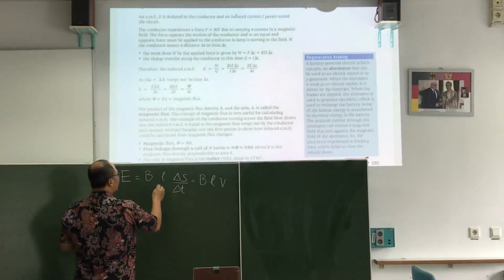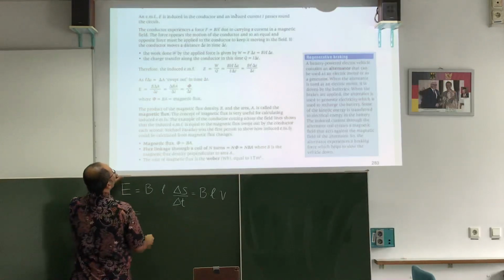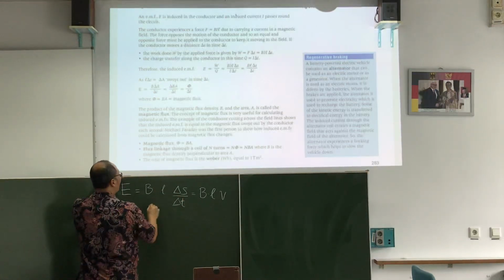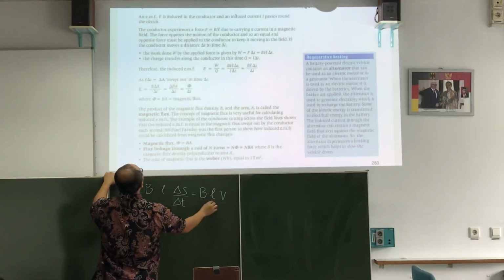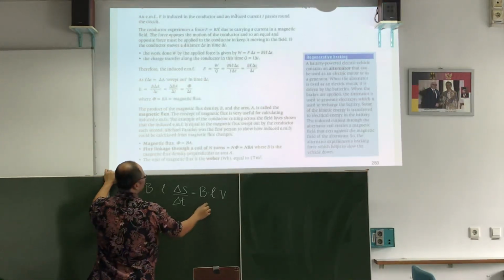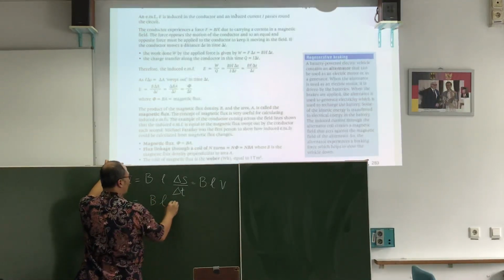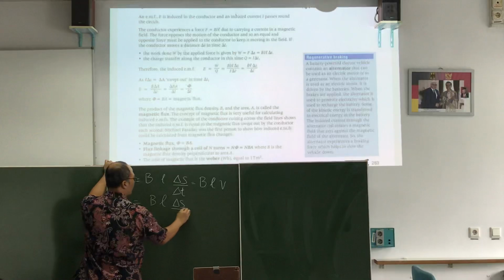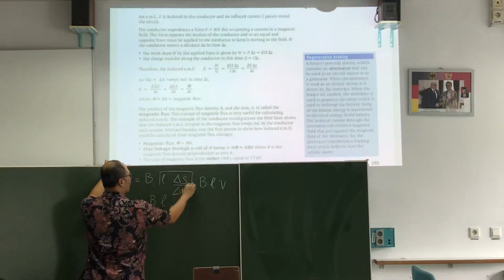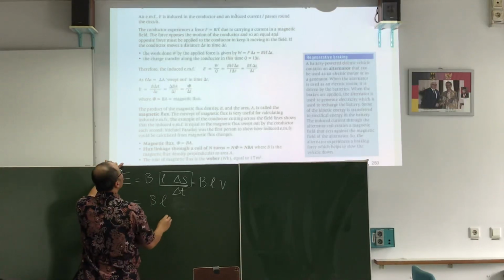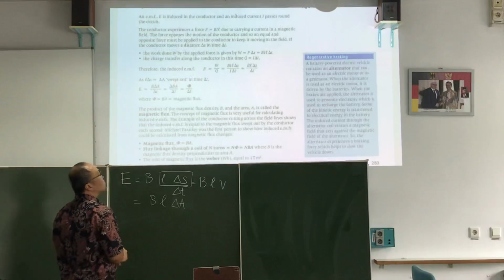Now, this BLV can be further explained as B times L times delta S over delta T. This delta S over delta T can also be considered to be delta area. Why delta area?